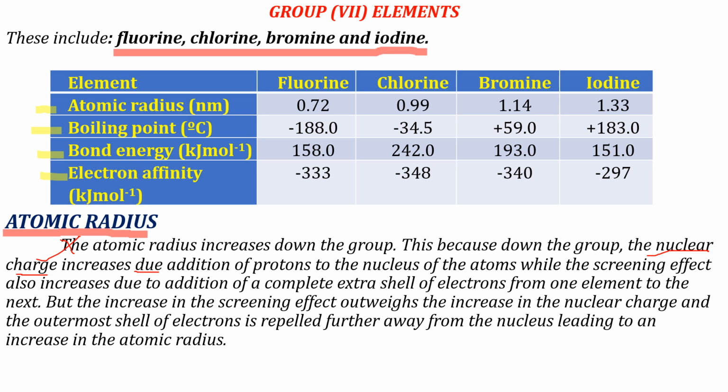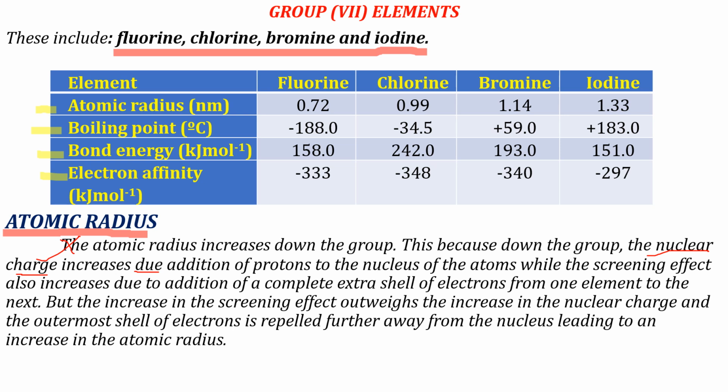We have already looked at periodicity, and we say that down the group, nuclear charge increases. Nuclear charge increases due to addition of protons to the nucleus of each of the atoms of the elements that you are looking at, while screening effect is as well increasing. And for every change you talk about, you give a reason for it.